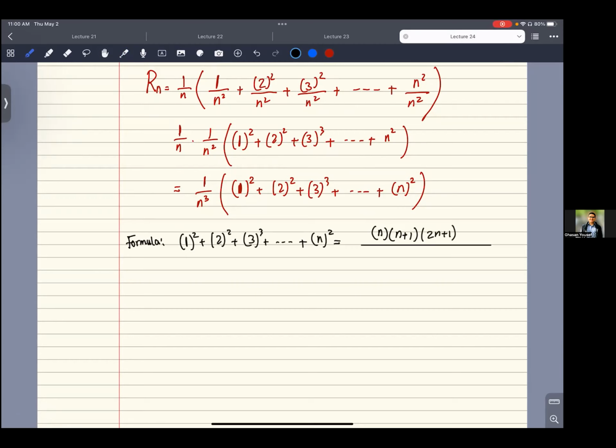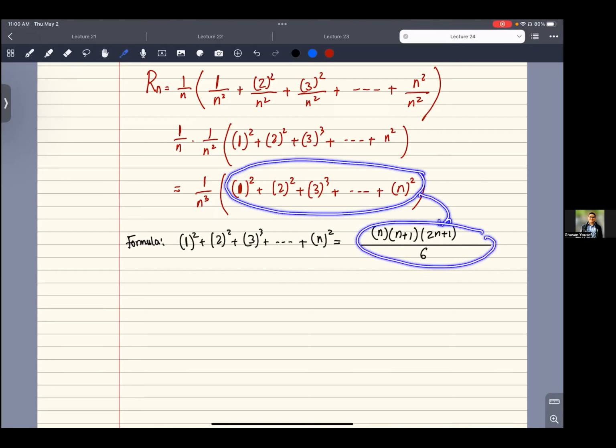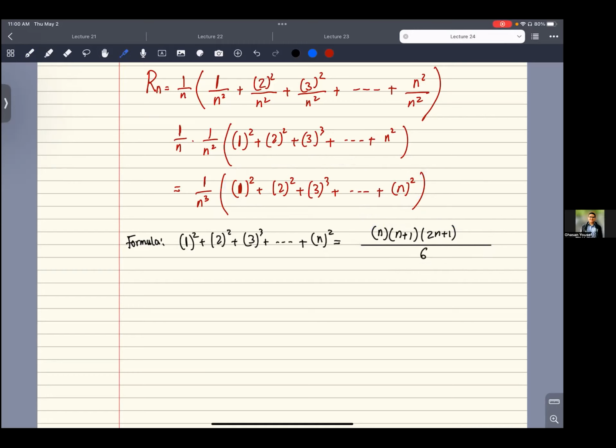Again, n times the following number, n plus 1, times the odd number 2n plus 1, over 6. This is the formula. So I'm gonna substitute this formula instead of these things. Make sense? Can you repeat? Okay, I'm gonna repeat.